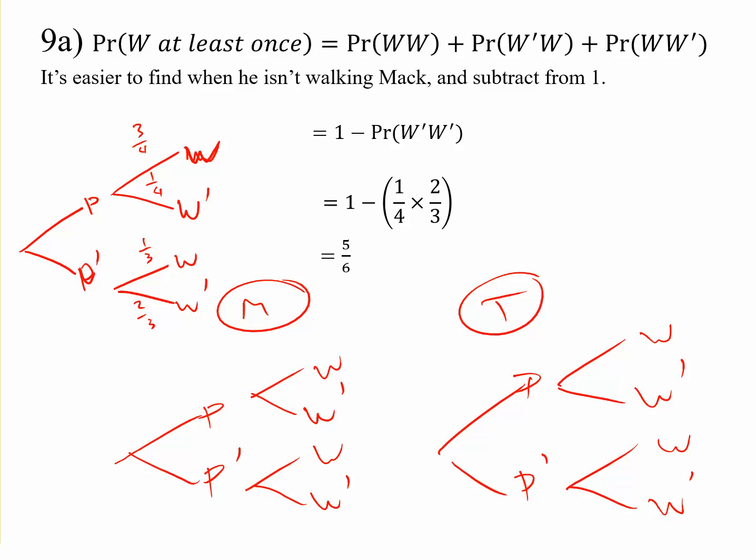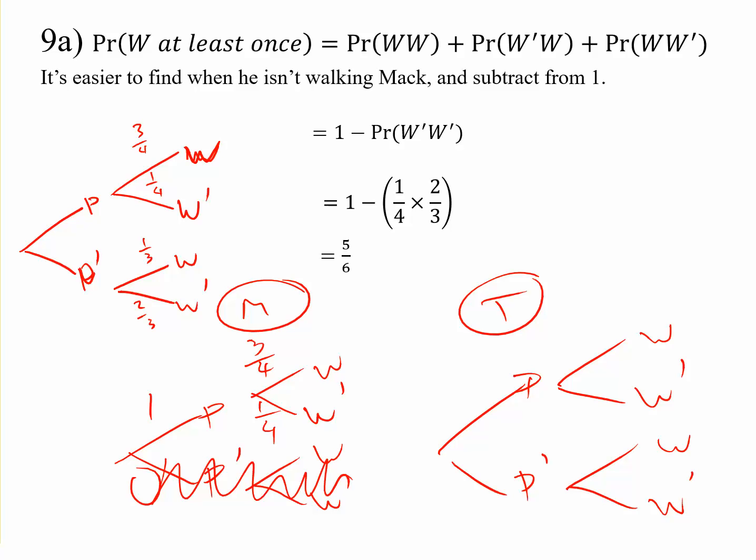But they already told you Monday is pleasant. So that means it's a 100% chance it's pleasant, and this is 0. So you no longer need this branch, because 0 times anything is going to be 0. So you're focusing on the chance of Mac walking on a Monday: it's 3/4, and 1/4 not.